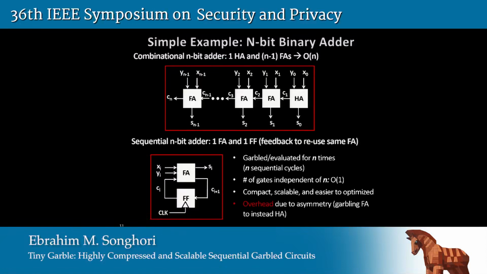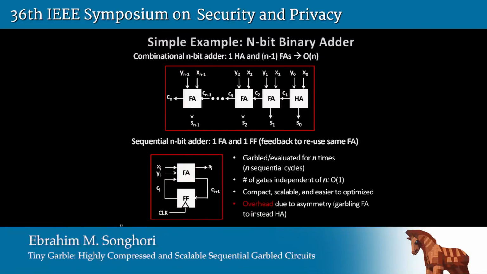But there is no free lunch, unfortunately. There is a small overhead here. If you remember, half adder was a little bit simpler than full adder. In sequential circuit, we need to repeat a full adder n times. So it means we are doing a full adder minus a half adder more compared to the combinational circuit. This is because of the asymmetry in the loops of addition, which in the first iteration, we have a half adder.